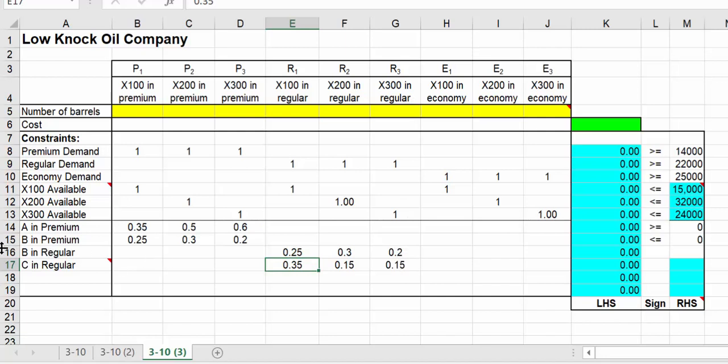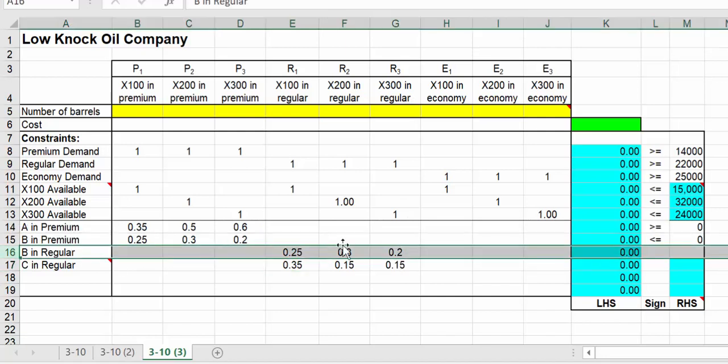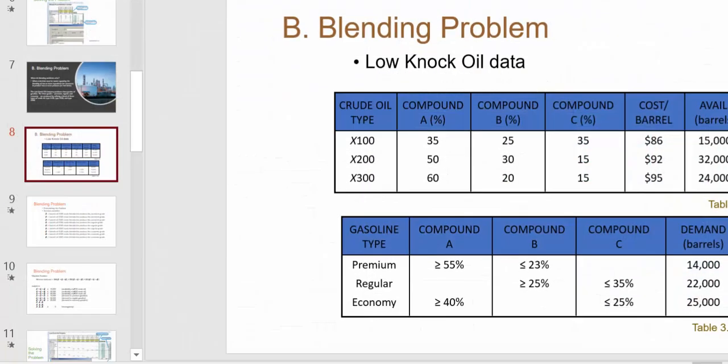Okay, so we've got to put in the constraints at the end here. So the amount of B in regular had to be greater than or equal to 25% of the regular that we're producing.